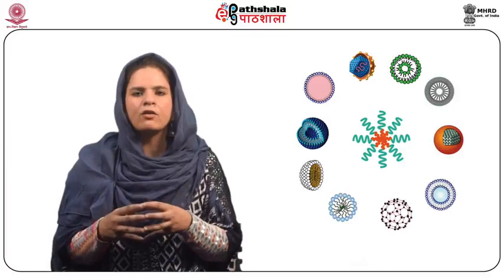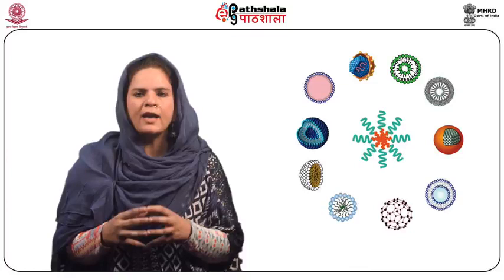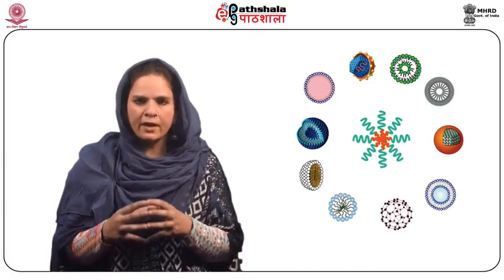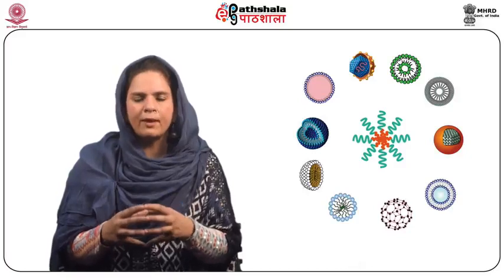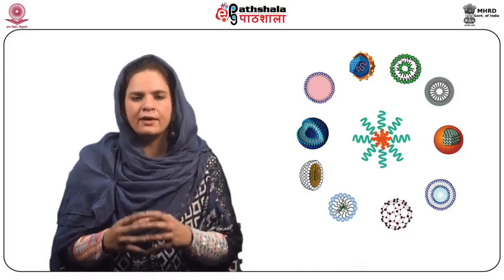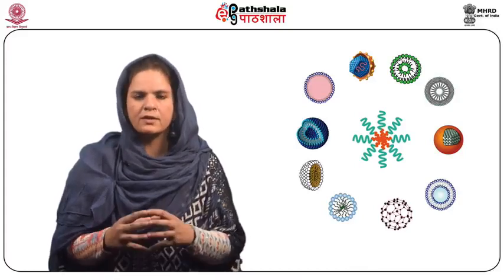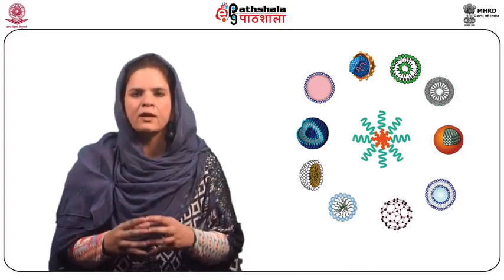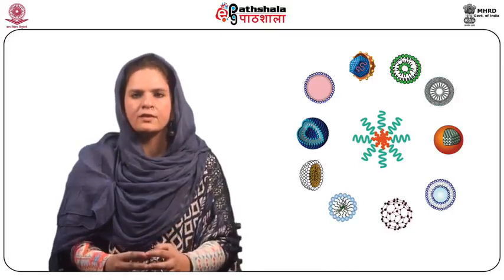And then we cannot negate the presence of the physiological conditions. When, as a formulation scientist, we are able to appreciate these three aspects, then we can think of making a parenteral drug delivery system which is of the topmost design, which will be patient compliant and can be successfully used in various ailments.